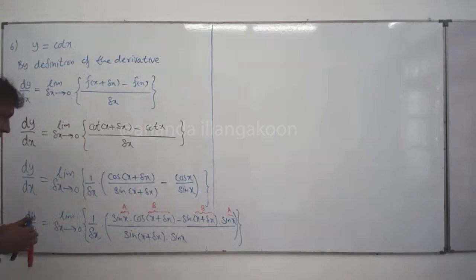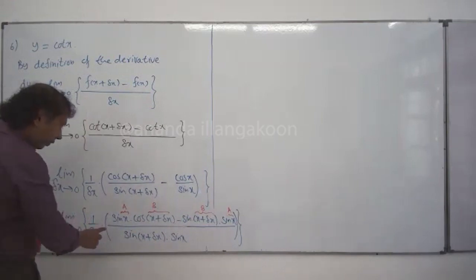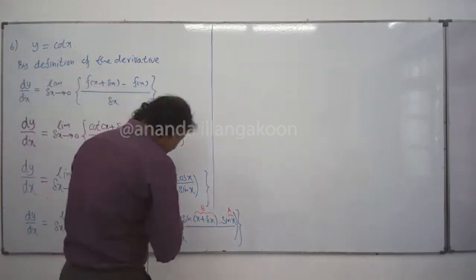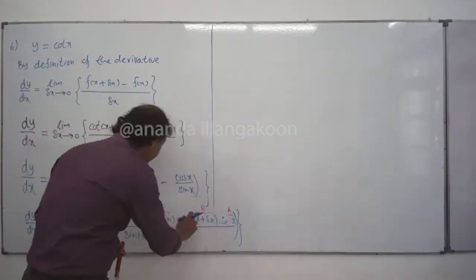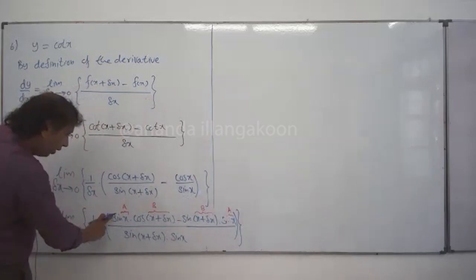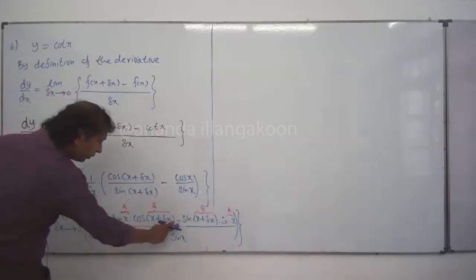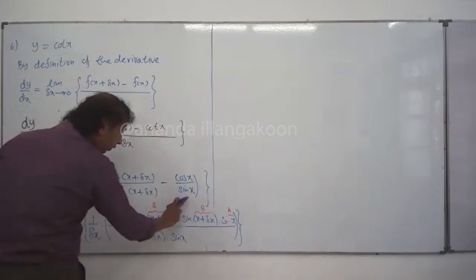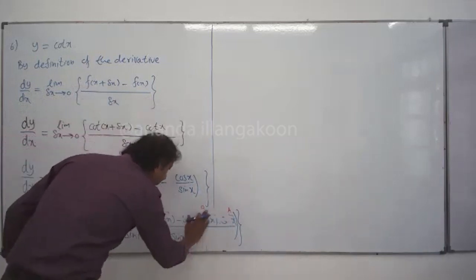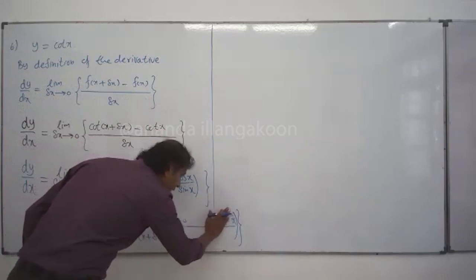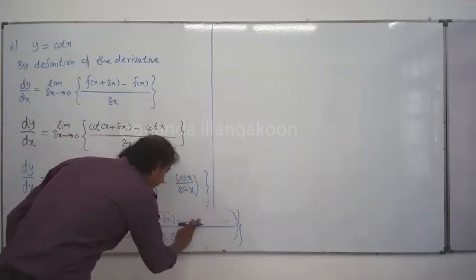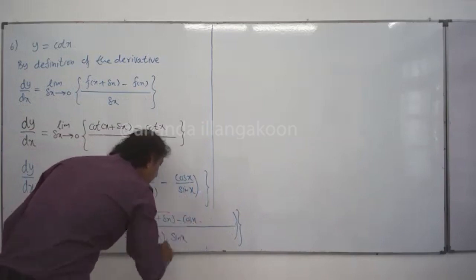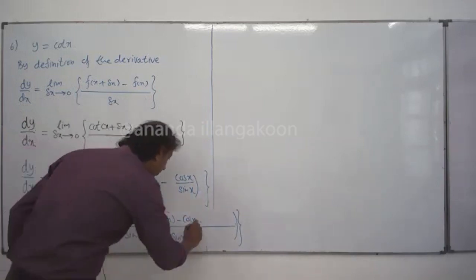Correct, no, people here? I have made a mistake here in writing. This sin x should come here. Sin A cos B minus, this cos x must be written here. I have made a mistake there. This cos x should be multiplied by sin(x plus delta x).